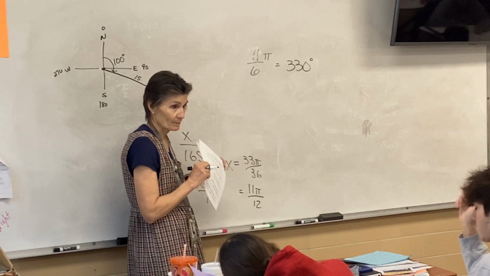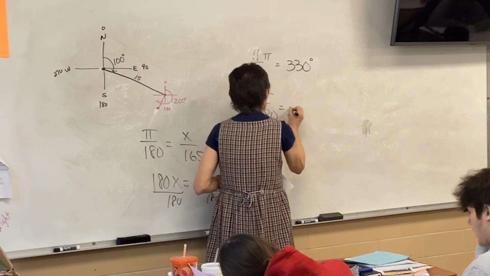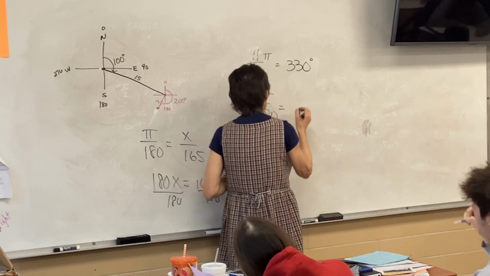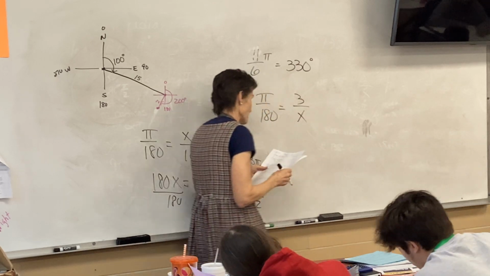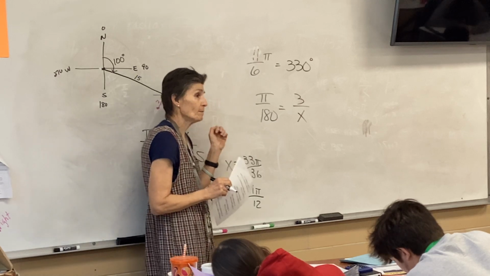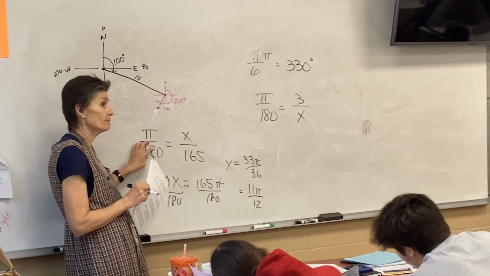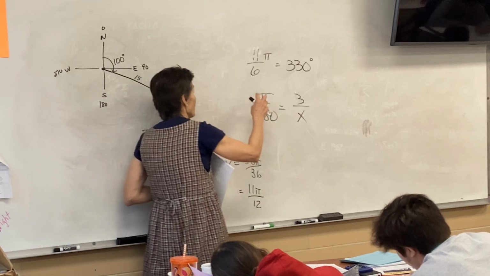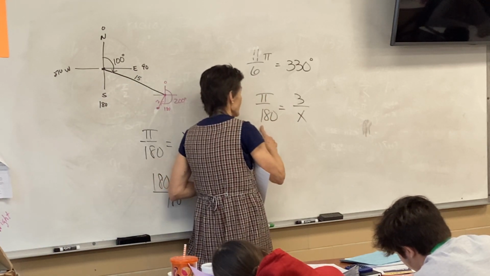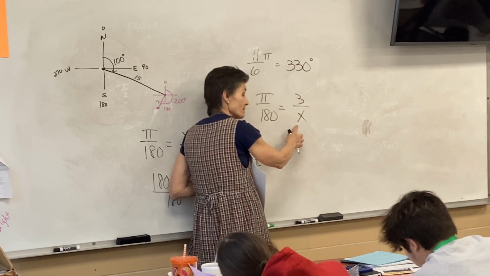But not B. B is not easy arithmetic. So pi over 180 equals x. Oh, no, 3 over x. 3 over x, that's exactly right, Jack. That's exactly what it would be. There's no pi in this problem, so I have to go back to the same little proportion I used before. Pi radians, 180 degrees, never changes. 3 radians, how many degrees?